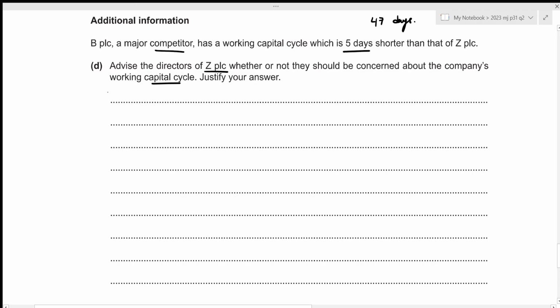Let's write it down. ZPLC takes longer time to convert its working capital into cash.